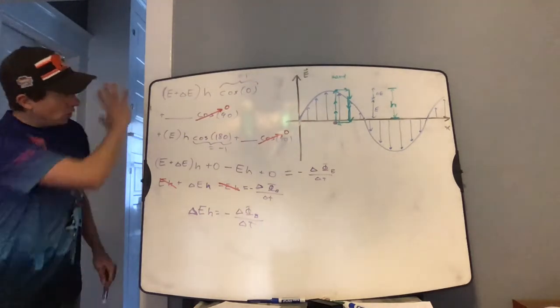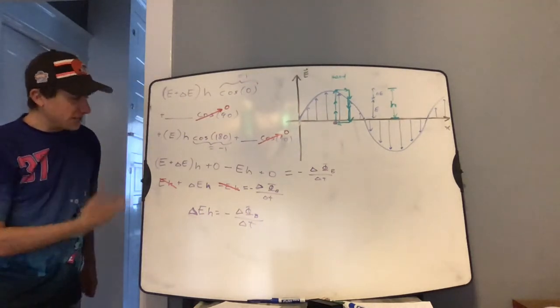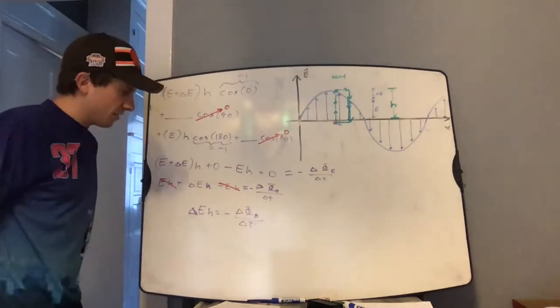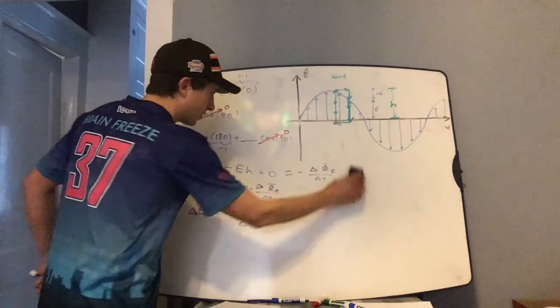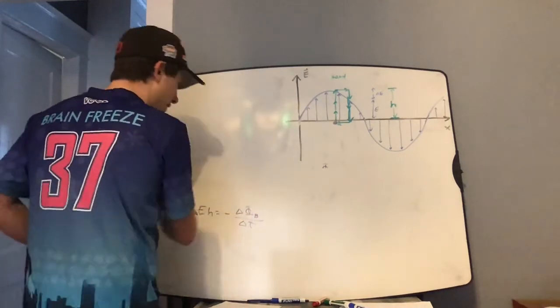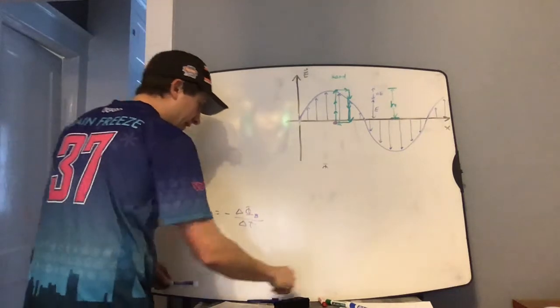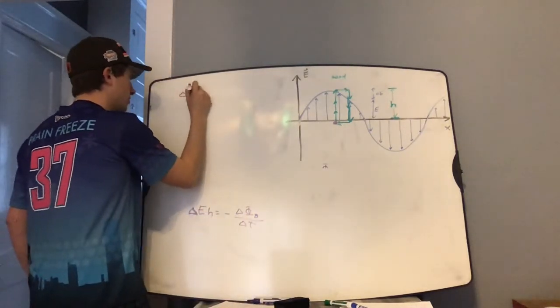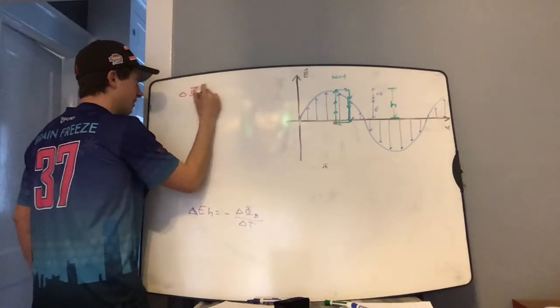Okay, we solved the left-hand side of Faraday's law for this scenario. Let's focus on the right-hand side of Faraday's law, where I'm going to look specifically at the delta phi B delta t.